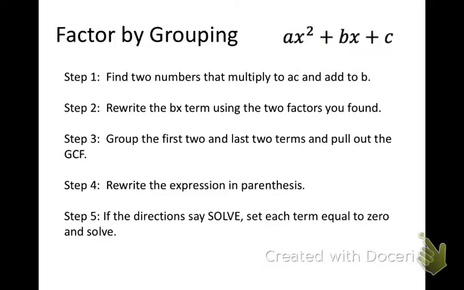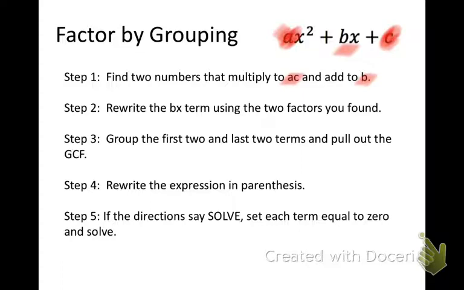Okay, now we're going to talk about factoring by grouping. That's when we have a number out front of x squared that doesn't get pulled out as a GCF. So step 1 is to find two numbers that multiply to AC and add to B. So we're going to have to actually multiply together A and C this time and see what two numbers multiply to those and add to B. Next, we're going to rewrite the BX term using the factors that we just found.